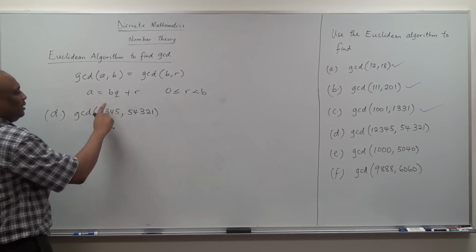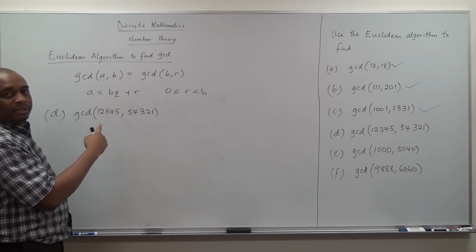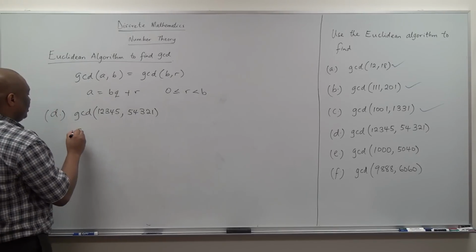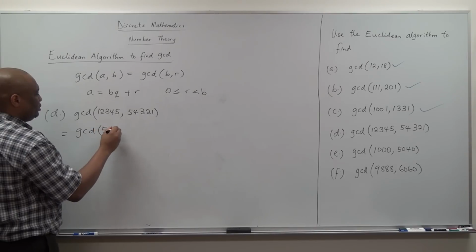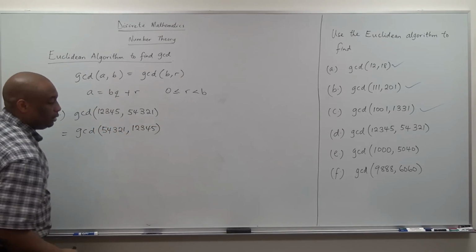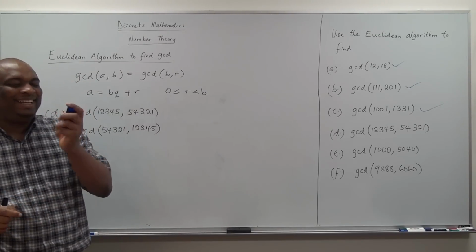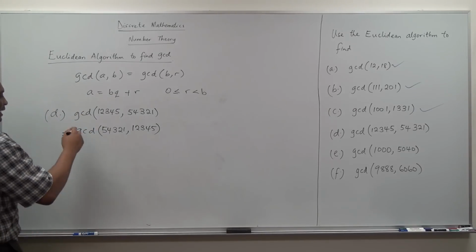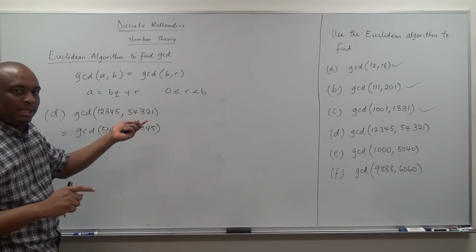So this is A and B. Now B is greater than A, so we swap. So this is GCD of 54321 and 12345. I get my simple adding machine. Now we divide just like you do in the fraction, like we said the other time.